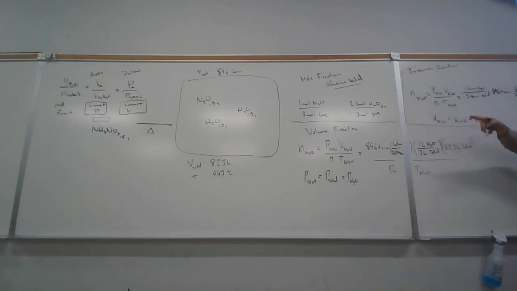It's because it's constant volume, and so everything is going to have the same volume. That is 82.3 liters. So this is going to be times 82.3 liters divided by R times the temperature of the N2O, which is going to be the same for both.